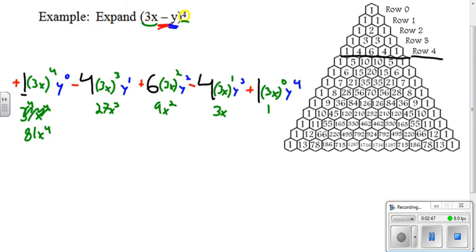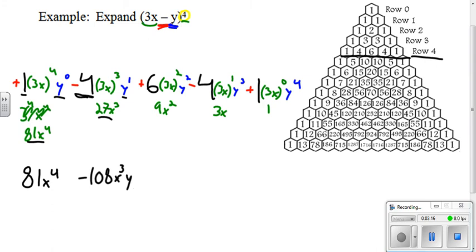So 1 times our x term, which is actually 81x to the 4th, times our y term. So our first term in the end actually comes out to 81x to the 4th. Our second term would be 4, or should I say negative 4, times 27x cubed times y to the 1st. So that one is actually going to come out to negative 108, that's our coefficient x cubed y.